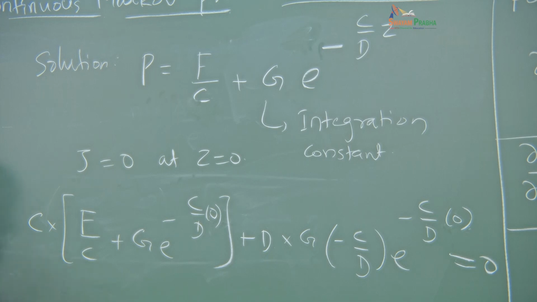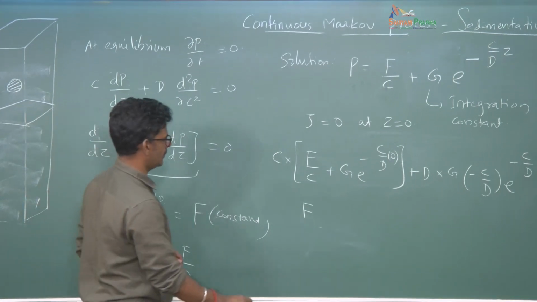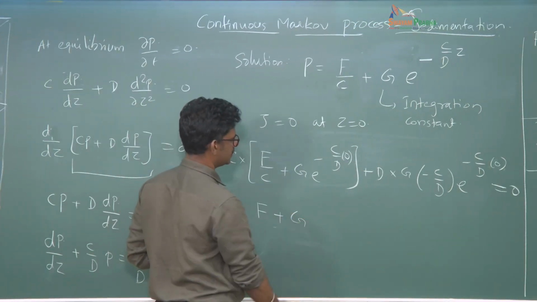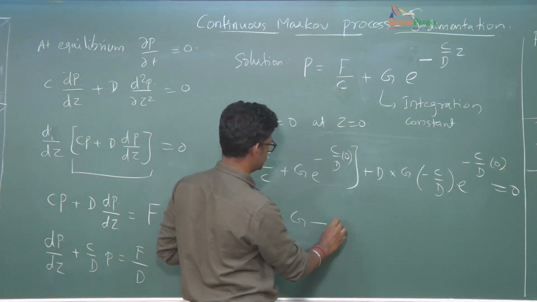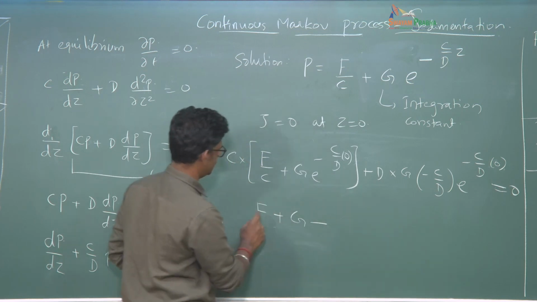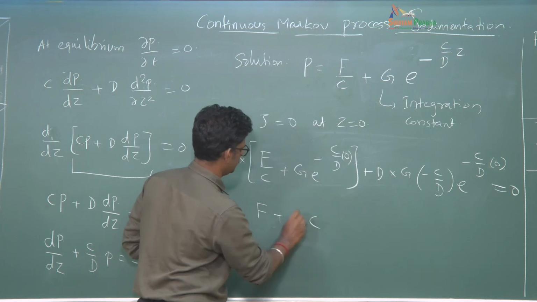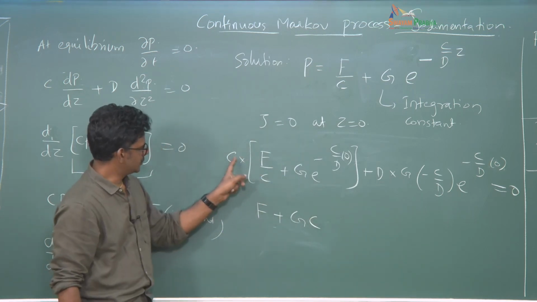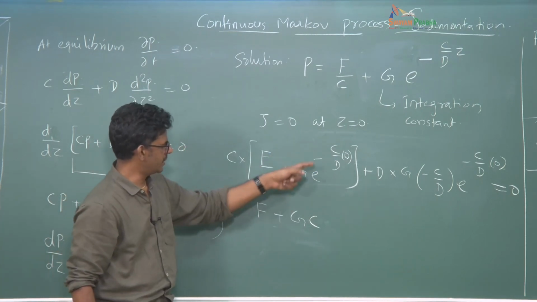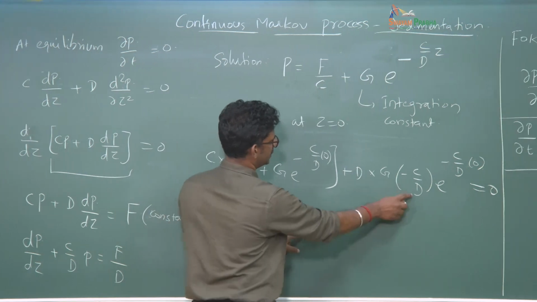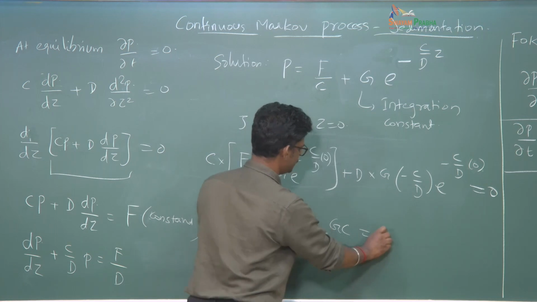So here we have F plus G, oh sorry, you get F plus GC, because I'm multiplying with C. This entire term is 1, D gets cancelled, you will get GC, this whole thing is 1 now, that is equal to 0.